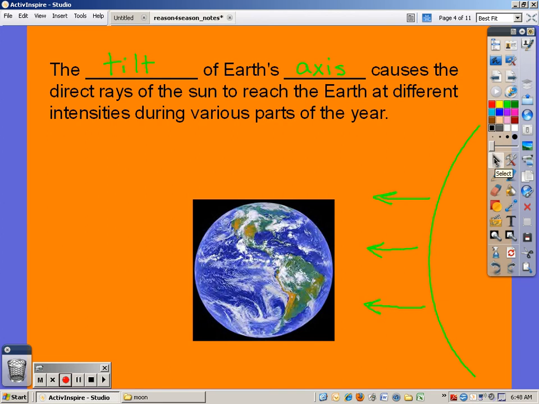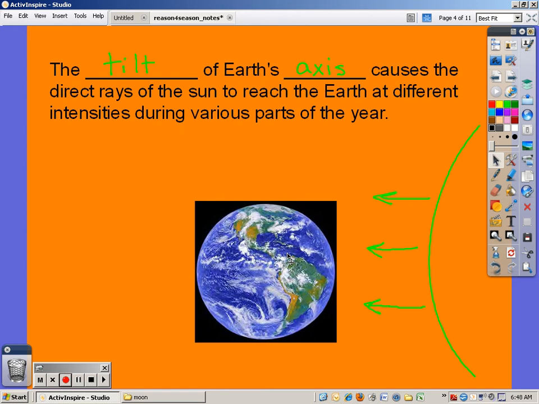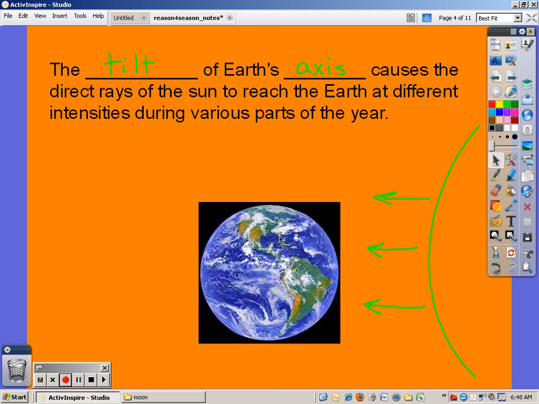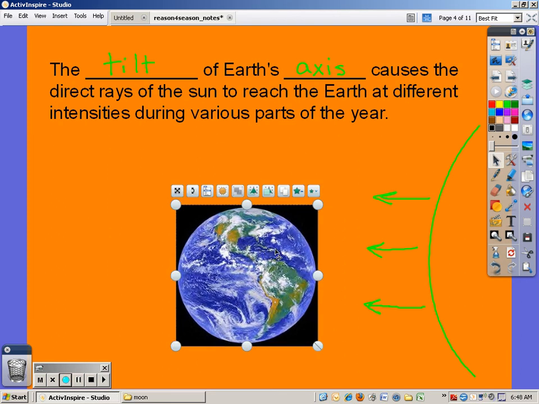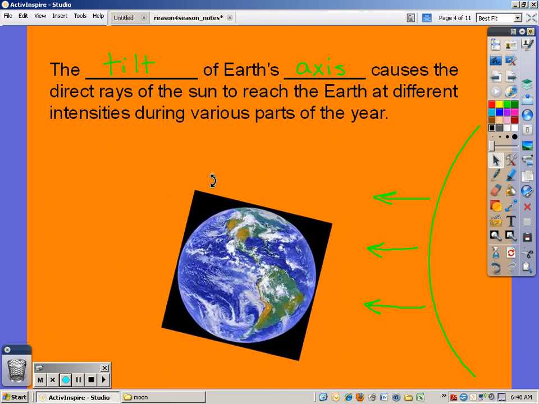The Earth's tilt, based on the season, well, actually the tilt is always the same, but the Earth's tilt would be something like that.